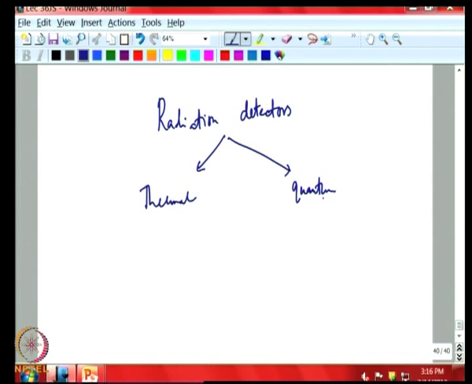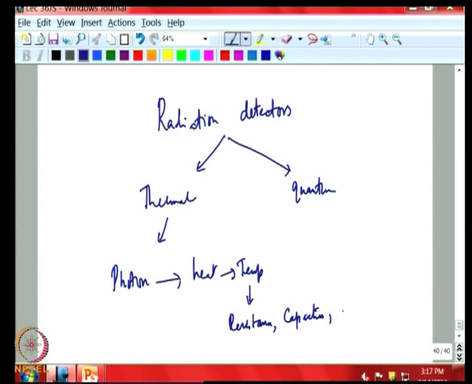So, in a thermal detector, you are converting photon to heat and hence temperature, and that temperature change can be directly measured, or you can look at the change in resistance or capacitance or inductance induced by the temperature change.